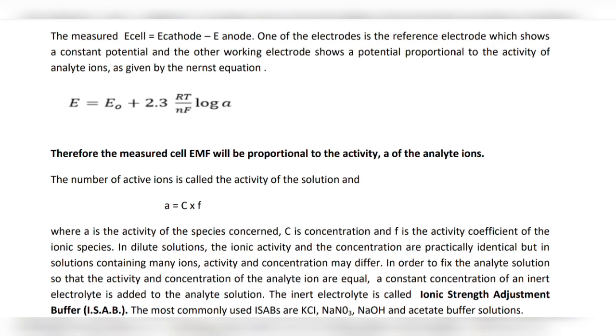Its concentration and activity are the same. But in the case of a very concentrated electrolyte, its dissociation is not complete, so the active ions do not equal the concentration. So concentration and activity are different for a concentrated solution, but the same for a dilute solution.